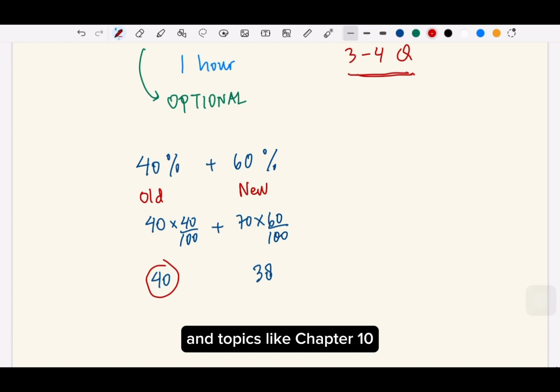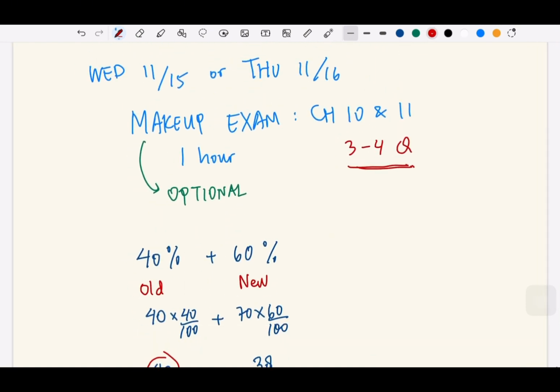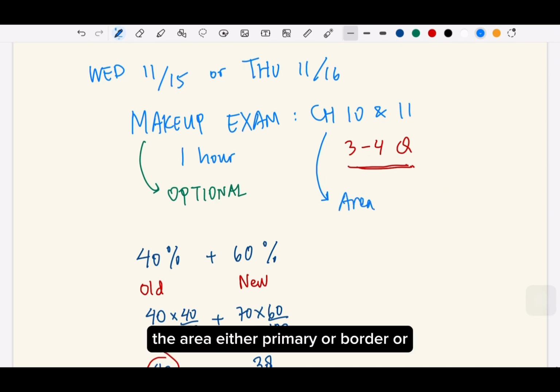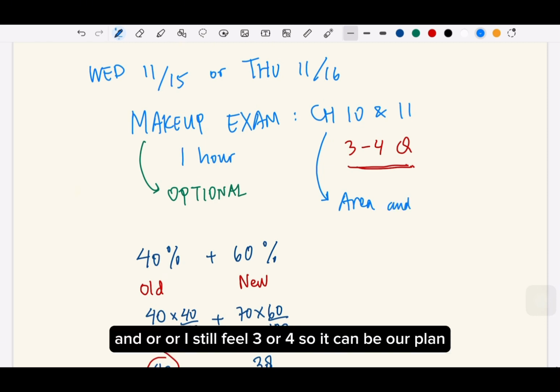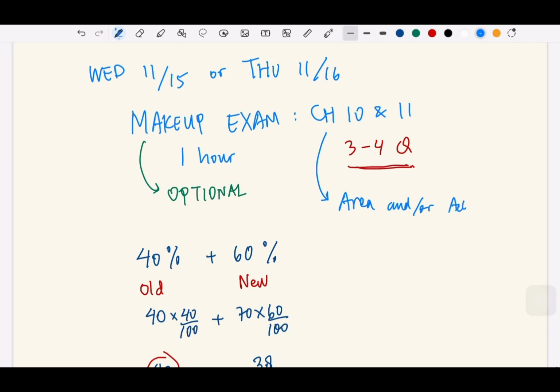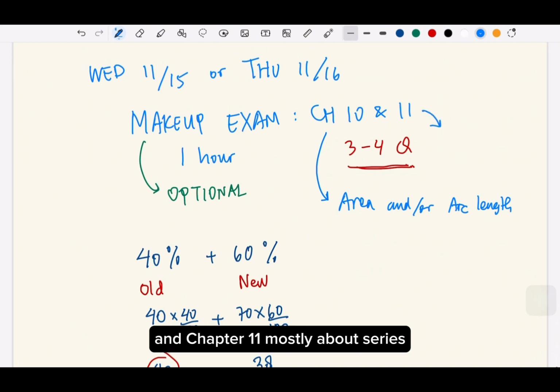And topics like chapter 10, the area, either parametric or polar, I still feel 3 or 4, so it can be arc length. And chapter 11, mostly about series.